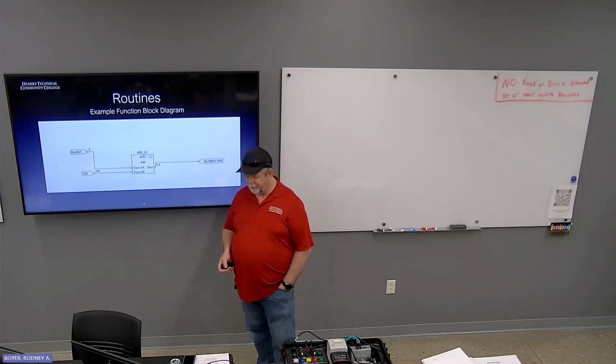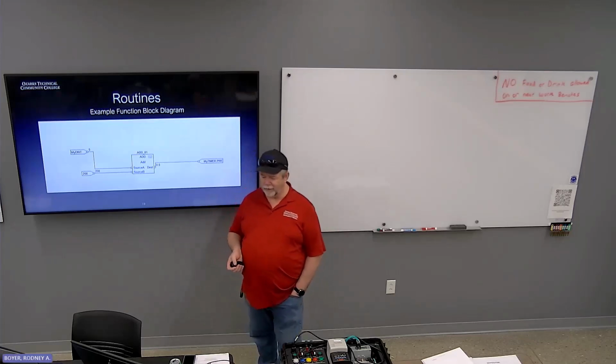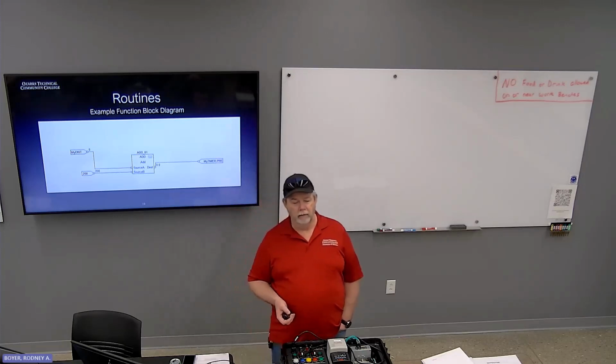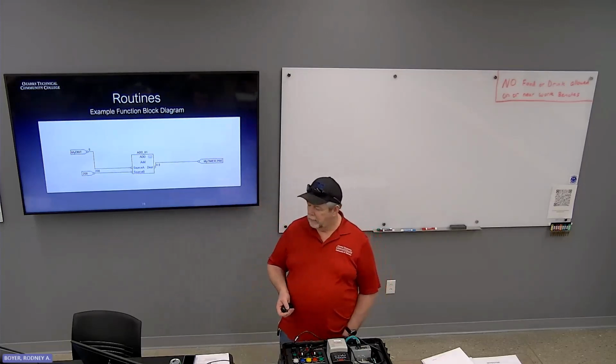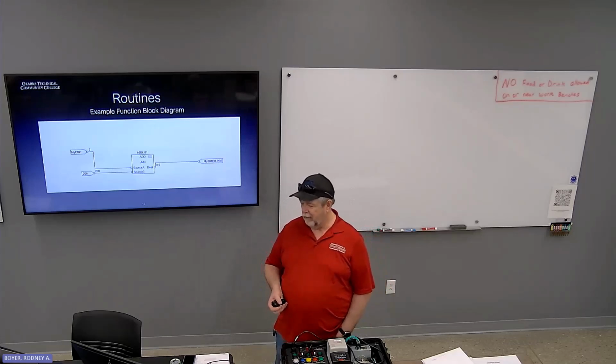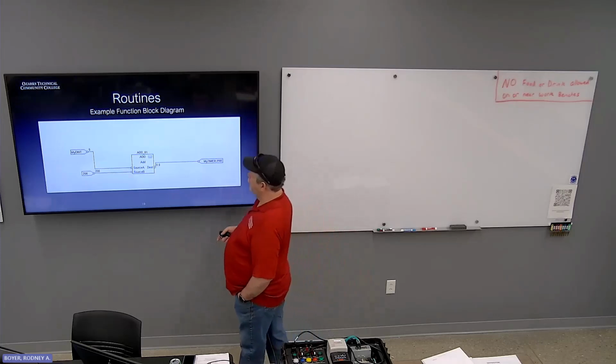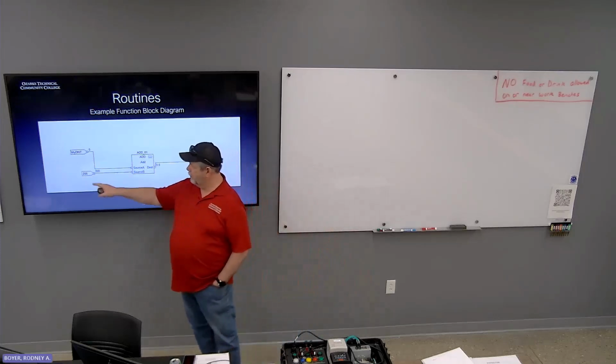Example function block, simple add instruction. Add instructions are available in ladder. But it's going to take whatever is in my DINT, in this case the value happens to be 0. I'm going to add 200 to it.